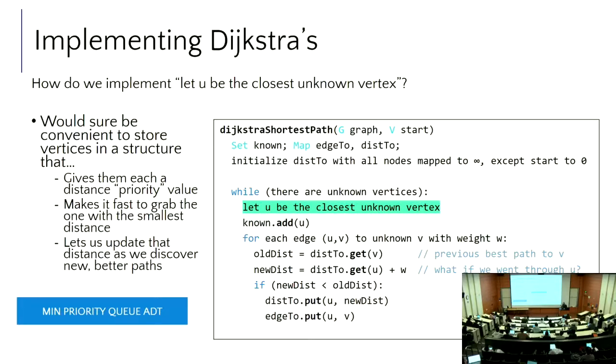There is this line here, let U be the closest unknown vertex. So you might have a few immediate neighbors, right? But we specifically want to select the one that is connected by the smallest edge weight. So it has to be, and this is directed, right?